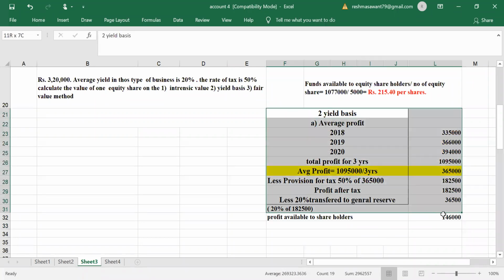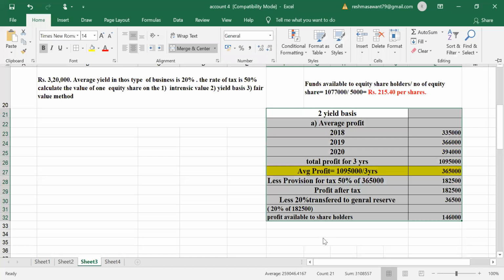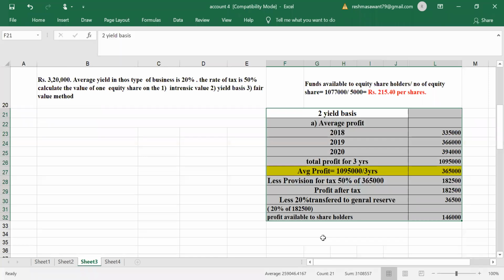So by this way, we are calculating our second heading, first point, the calculation of yield basis by the method of average profit. Now we use this heading for calculating our profit or NRR method.